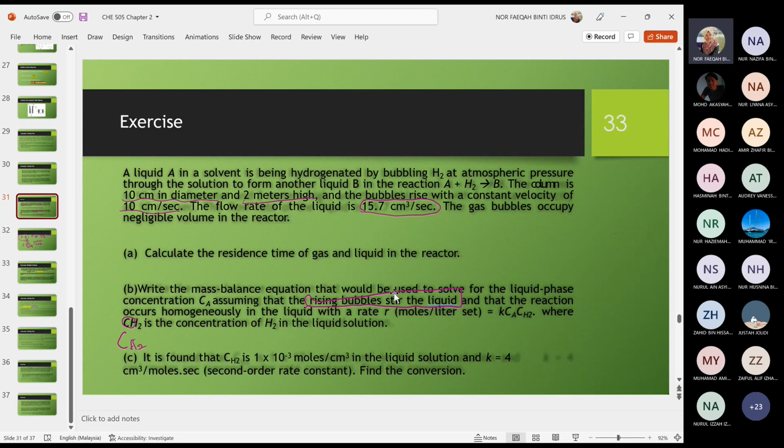If you need to produce a reaction that involves multiple phases, it doesn't necessarily have to be a CSTR reactor. Even if you use a reactor without an impeller, we can model it as a CSTR, for example in this case. The rising bubbles act as a stirrer to form uniform mixing between the gas and liquid. So the reaction only occurs in the liquid phase.